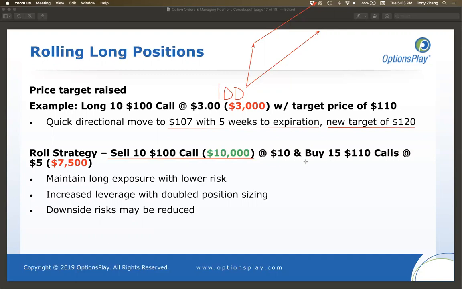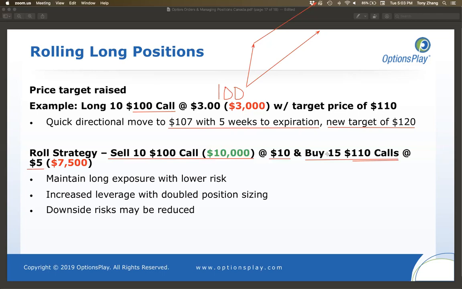We're going to take that $10,000 and buy a higher strike call. Instead of the 100 strike call we originally bought, now we're going to buy a 110 call. Because it's a higher strike, it costs less money: the 100 strike calls we sold for $10, we're going to buy the 110 calls for just $5.